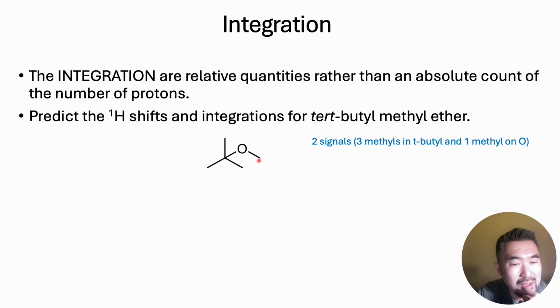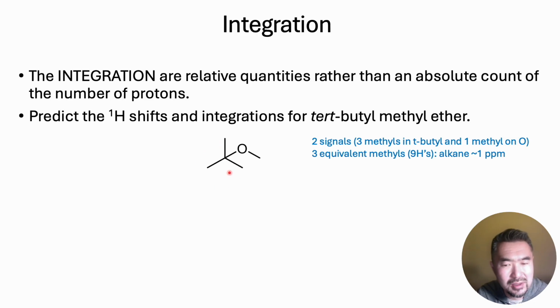And of course, this methyl group is directly attached to oxygen, so it would have a very distinct chemical shift. So there's a total of 2 signals. The first signal has the 3 equivalent methyls, 9 hydrogens. And this is basically just regular alkane, right? They're next to only alkane carbon, so we should expect something like 1 ppm for this methyl.